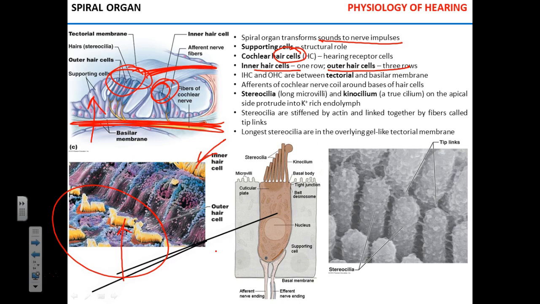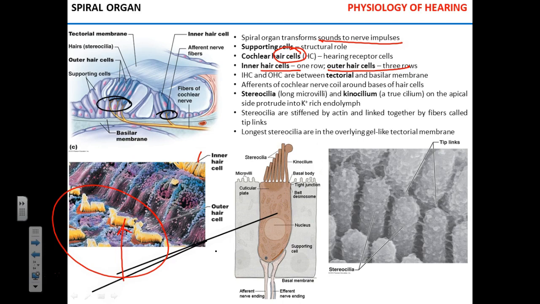It's basilar membrane. Tectorial membrane remains not moving. Okay. You can also appreciate that at the bottom of the hair cells there are fibers of the cochlear nerve. These are the afferent fibers, the sensory fibers that will transmit nerve signals to the CNS. Okay? Does that make sense so far?